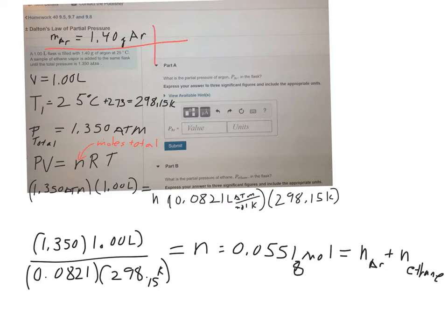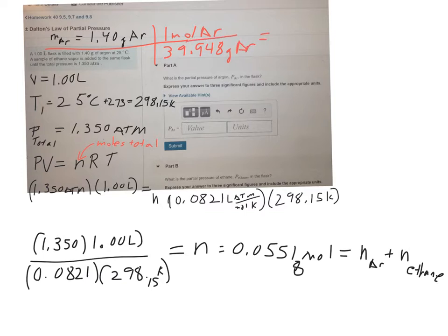So all I have to do is 1 mole of argon, go to my periodic table, 39.948 grams of argon.